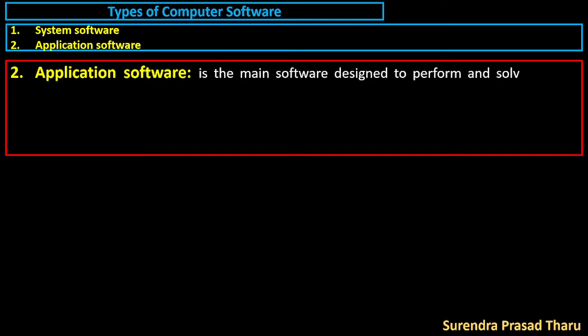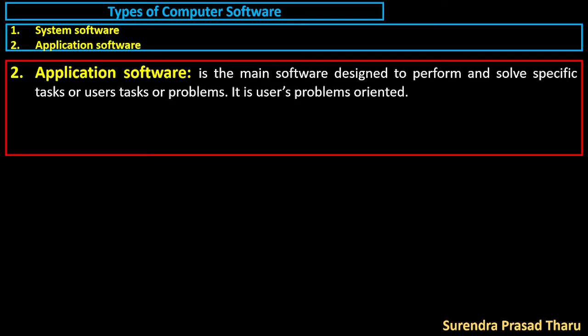Application software is designed to perform a specific task, to solve specific user problems. So we can say application software is user oriented, whereas system software is hardware oriented, designed to make the communication between the hardware.